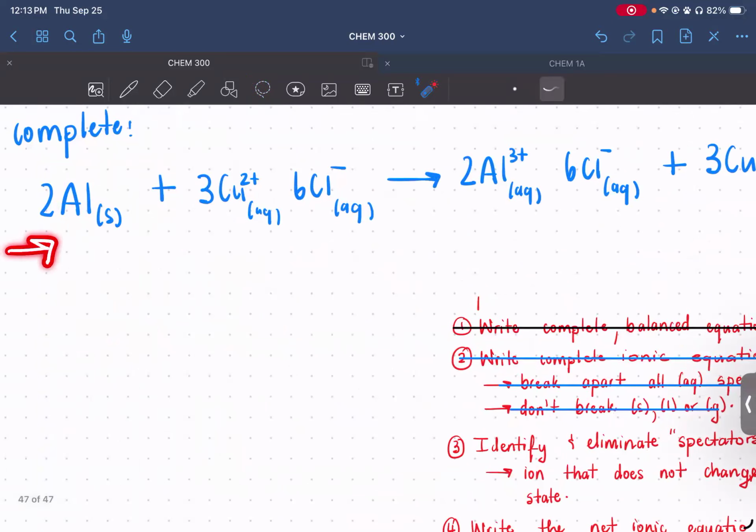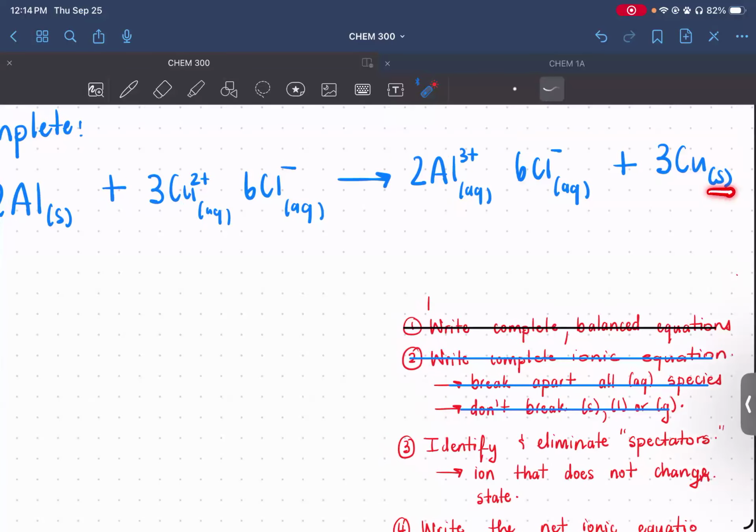From left to right, we're starting with aluminum. Aluminum starts solid, it ends up aqueous. This is a change, it participates, we leave it alone. Copper starts aqueous and ends up solid. We leave it alone.